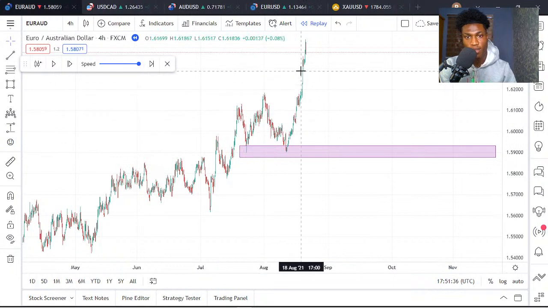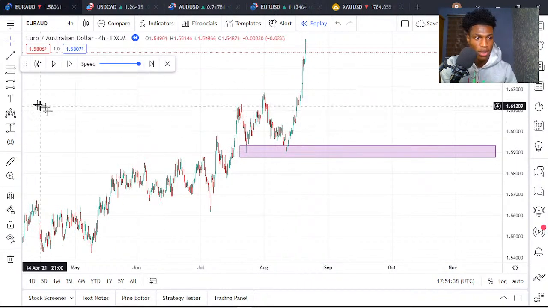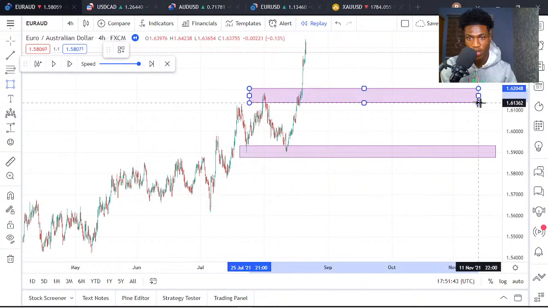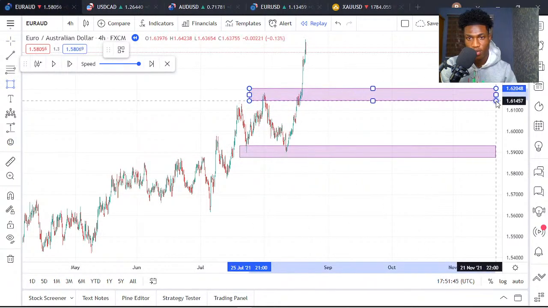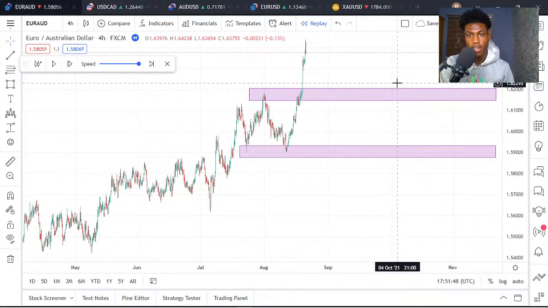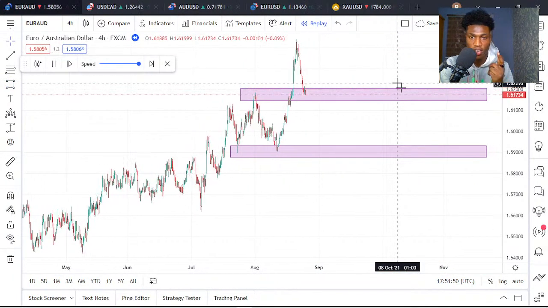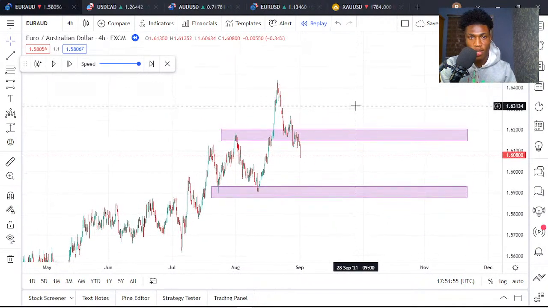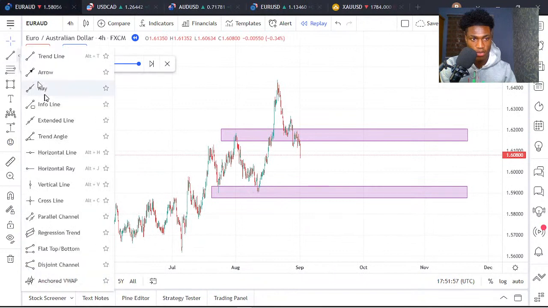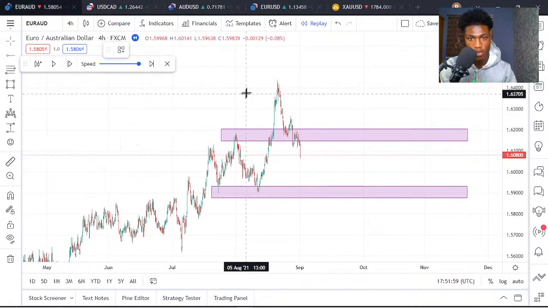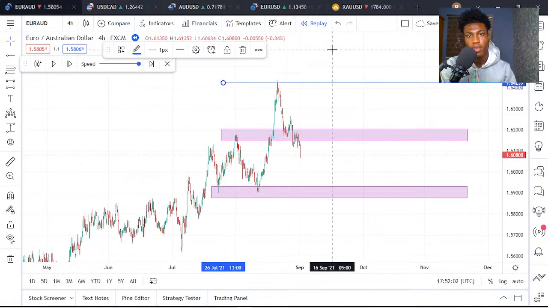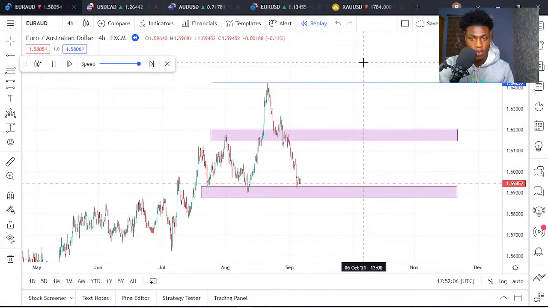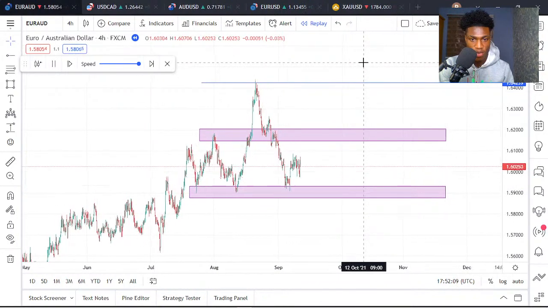But yeah, let me still put this, because this was an initial area that price could not break, and price has gone to create a new high. So I'm still going to respect this new high. Let me use a horizontal line. Okay, right there. And what's happening is price has returned to the support level. It cannot break through.